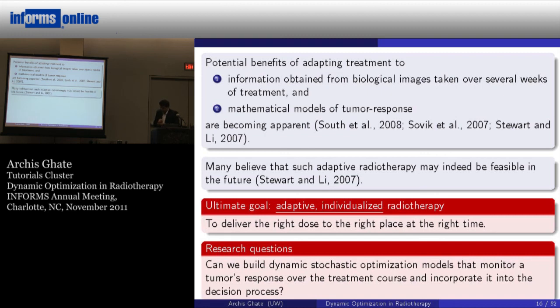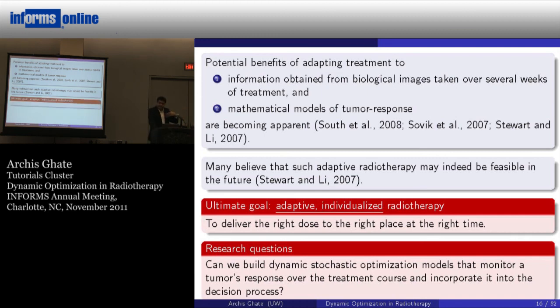In fact, many believe, and this is a paper in Medical Physics, that many doctors and others believe this will not only be feasible but in fact common in the future: use of models along with more sophisticated, advanced imaging to come up with adaptive treatment plans. There is something called a 2020 vision for radiotherapy, about what is going to happen over the next 20 years, so there are papers like that where people talk about this being a possibility.